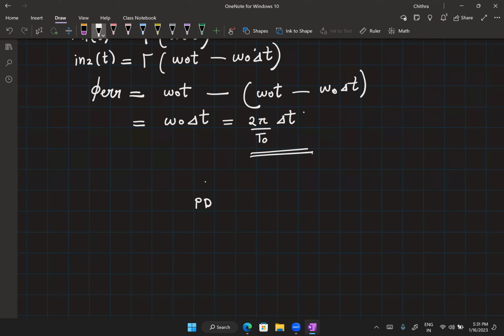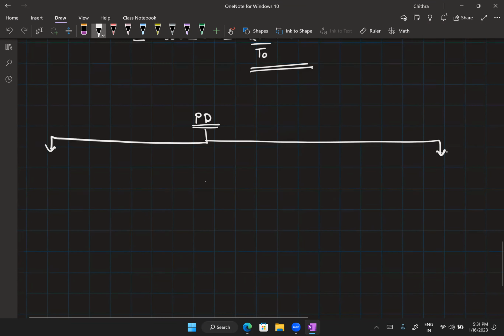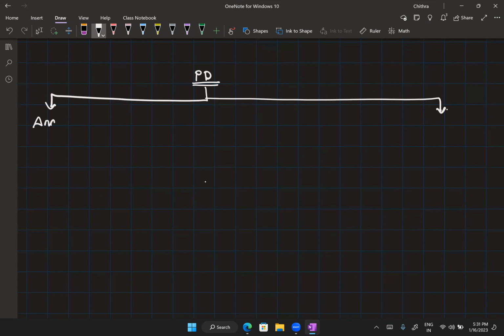So now we can classify the phase detectors broadly into two categories. The phase detector could have an analog implementation, or it could have a digital implementation. So now within this analog implementation, we are going to look at multipliers.